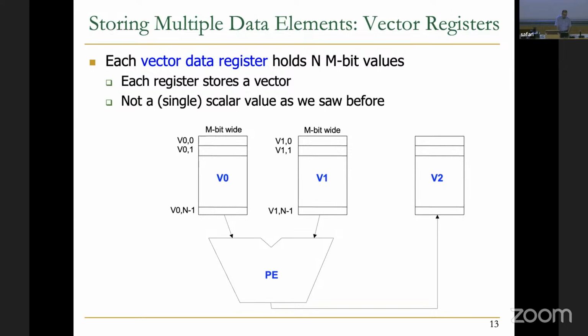Each register would store a vector and not a single scalar value as we discussed before. So here is an example: you have vector register 0 and vector register 1 and so on, and you input these two vector registers to your processing elements. Any question so far?